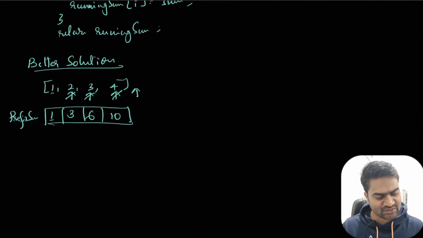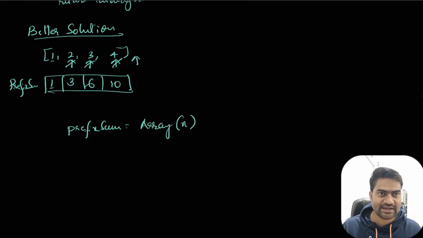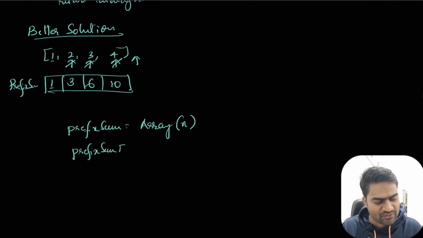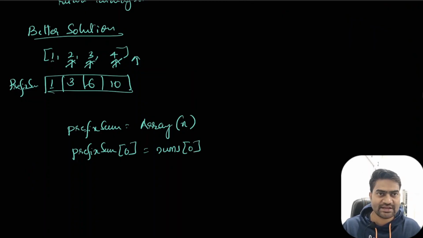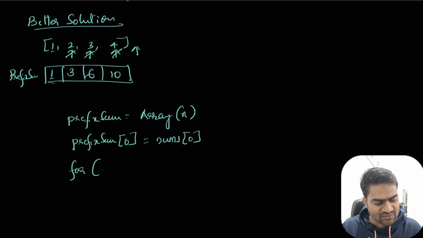So for this, let us look into the pseudocode. We need a prefix sum array, an array of size n. Then the first number we put as it is because there is nothing before that. So prefix sum of 0 equals nums of 0. After this, I will start processing from the first number, for i equal to 1 till n minus 1.